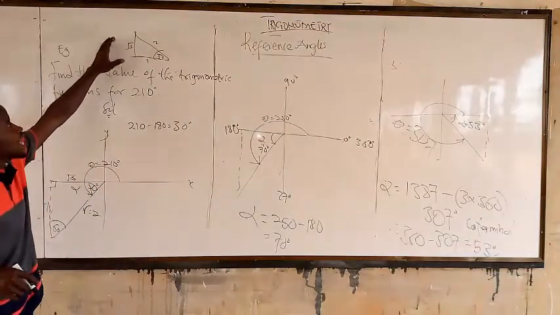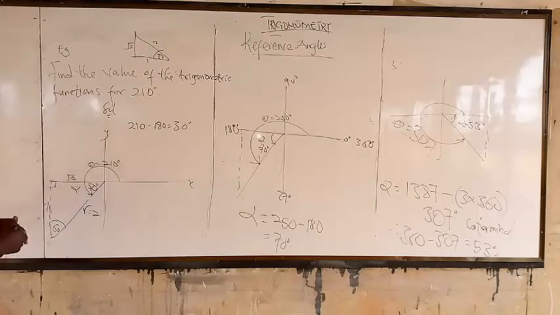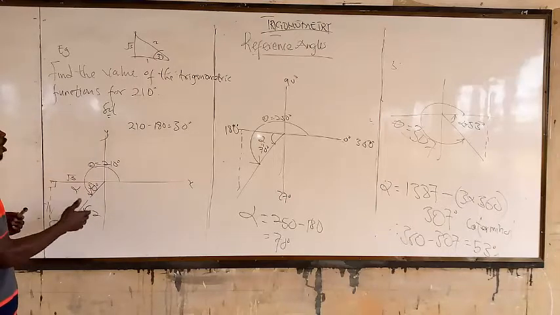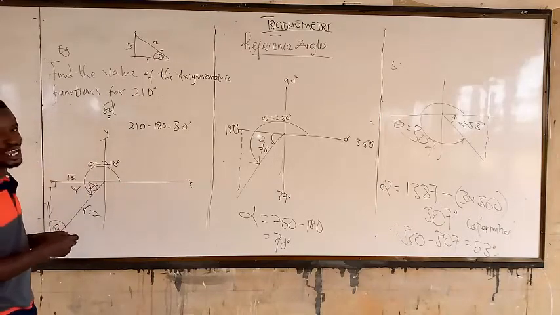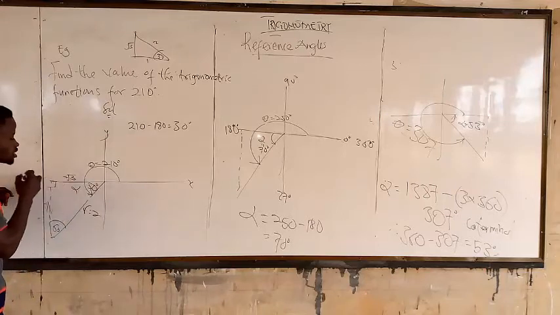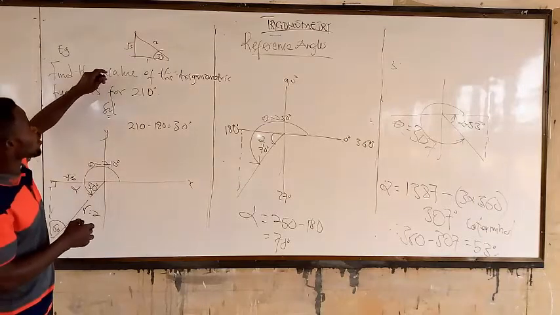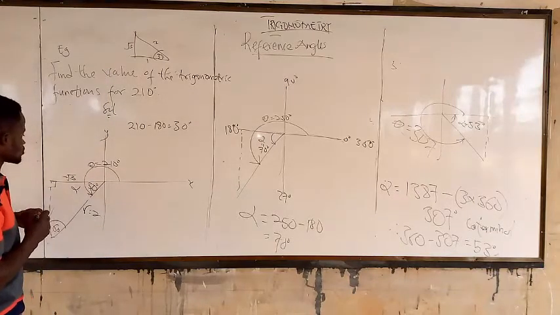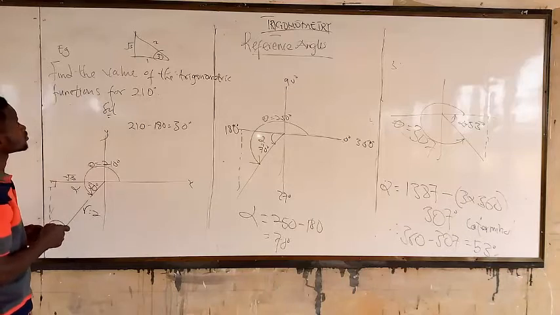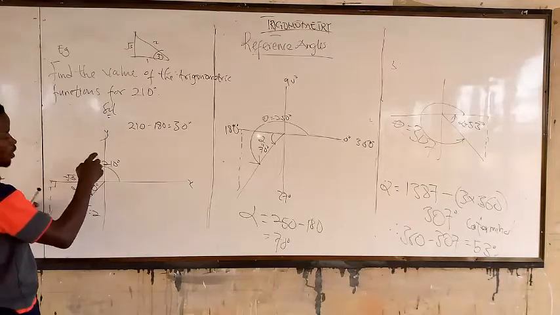So now that we have this in a quadrant, I hope you are with me. Note that on your xy plane, on your graph, the x values here are going to be negative.